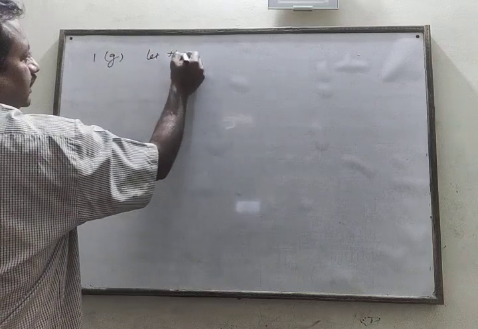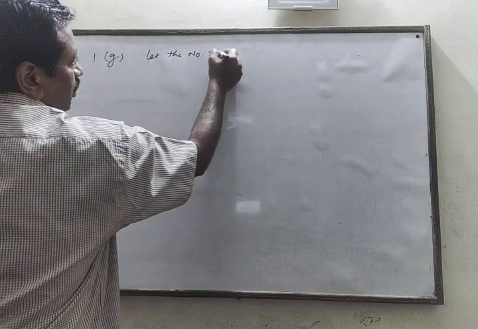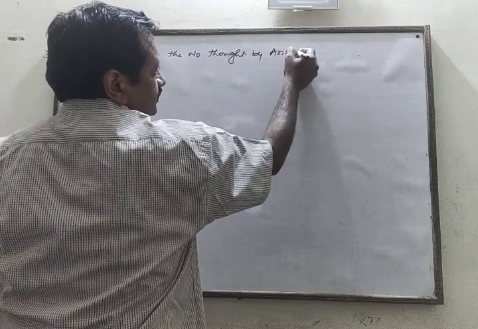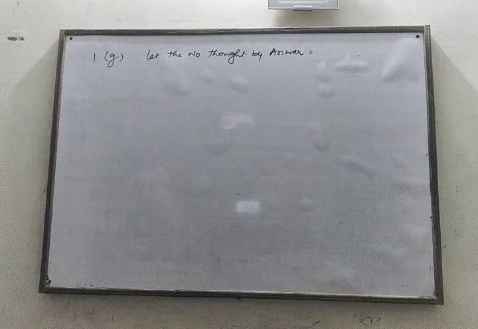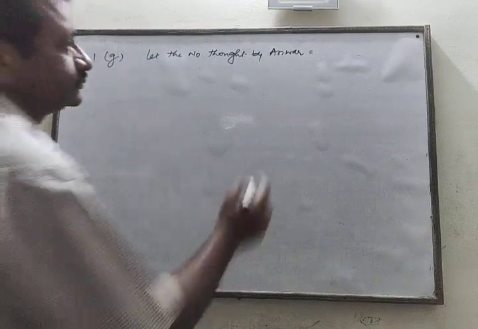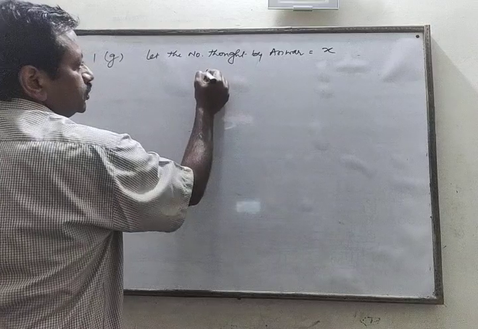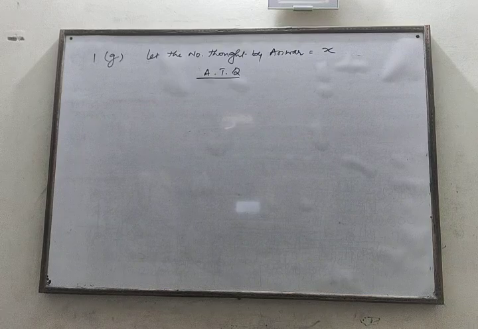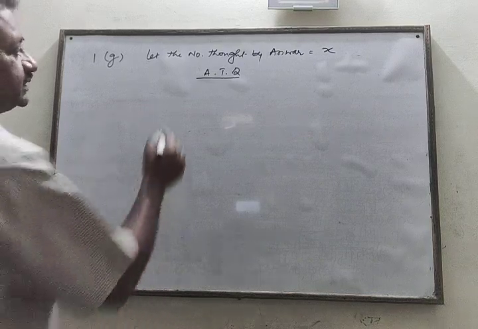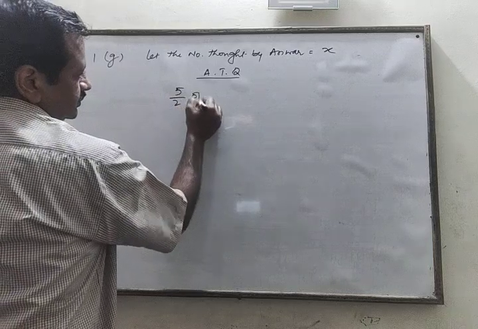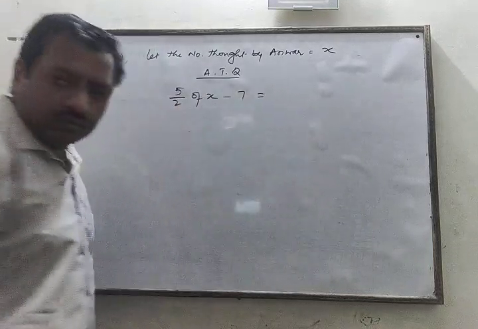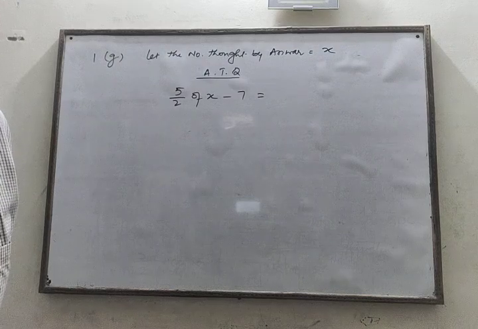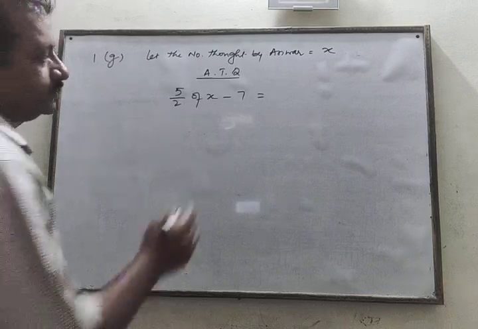Let the number thought by Anwar be equal to x. According to the question, 5 upon 2 of x minus 7 equal to 23.